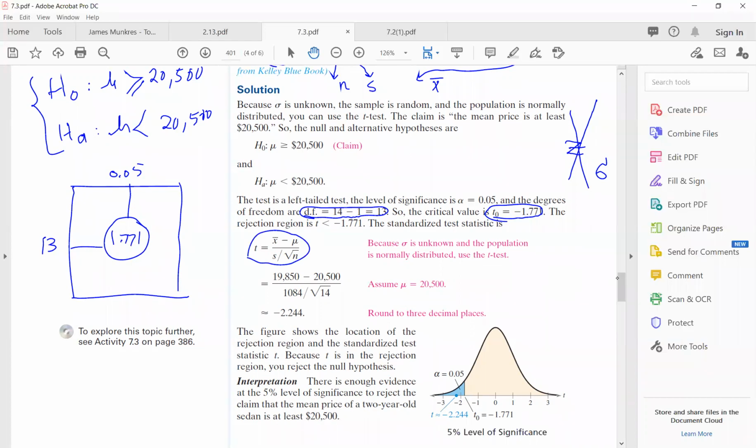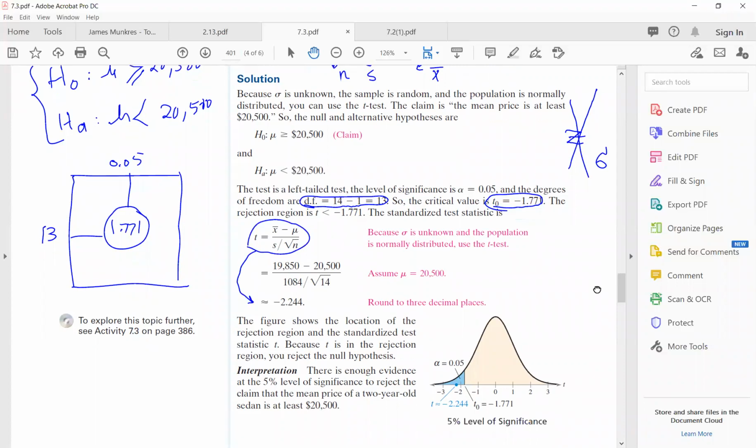So you have x bar 19,850 minus 20,500 divided by s, which is 1084 over square root of 14. We do the algebra, and our standardized test statistic is negative 2.244.